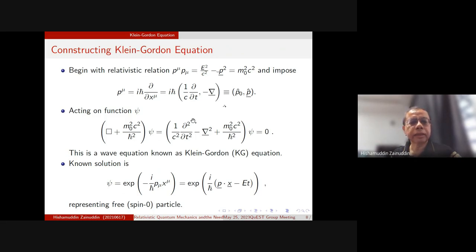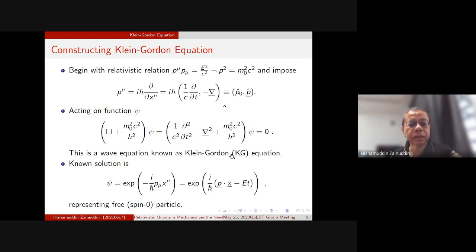With a little bit of rearranging, remember that this becomes an operator, it has to act on a wave function, and you'll get this particular form, which you can see is really your wave equation. This wave equation is known as the Klein-Gordon equation.